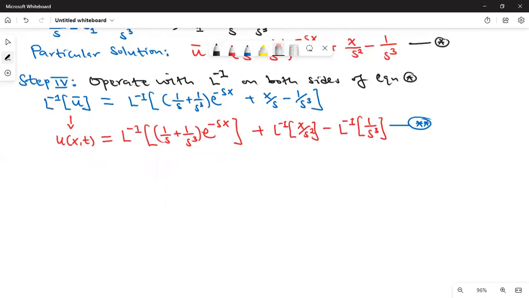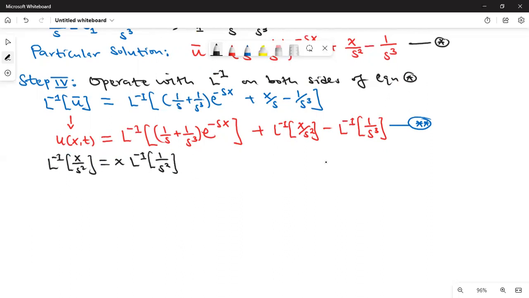So now we are saying that, let me use a different color, L inverse of x over S squared is the same as x outside times L inverse of 1 over S squared. We are factoring out x because it does not depend on the S. This L inverse will only operate on S, not any other variable.